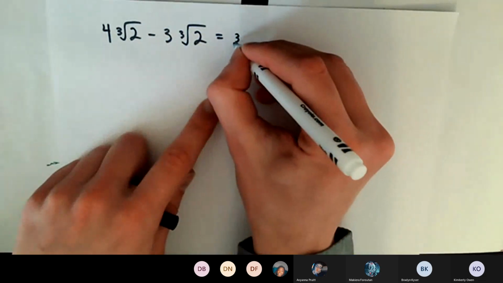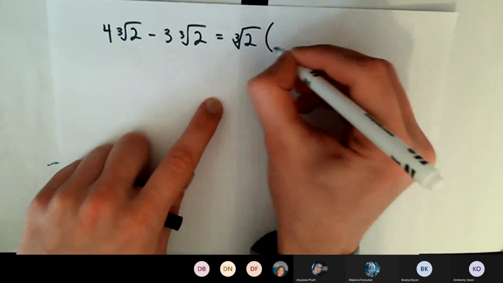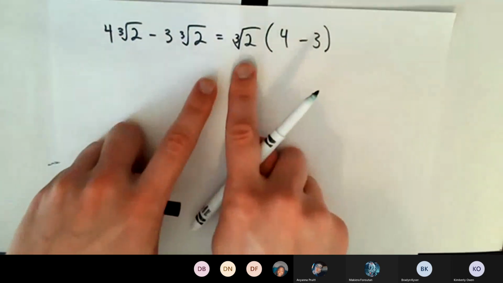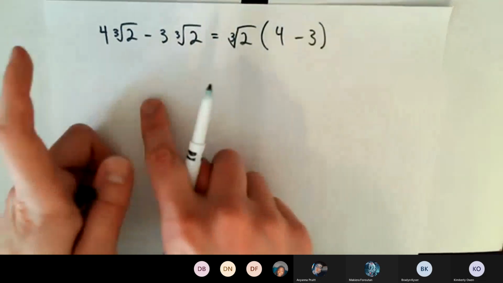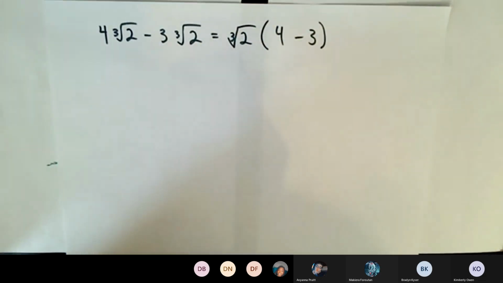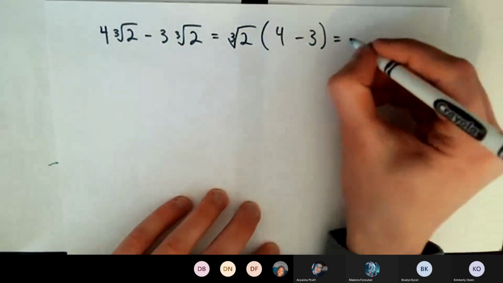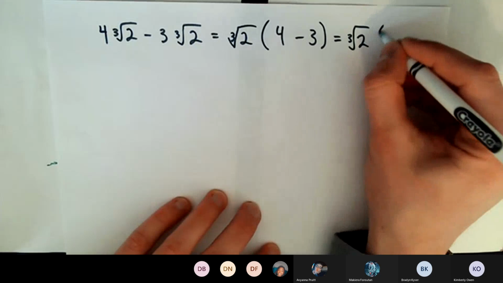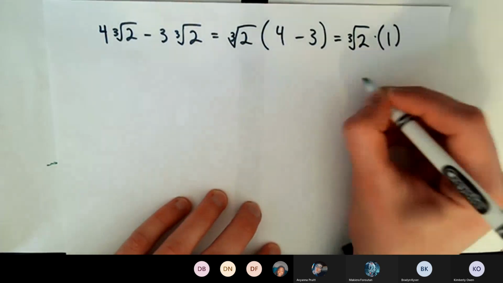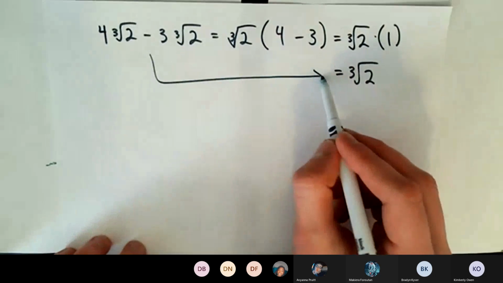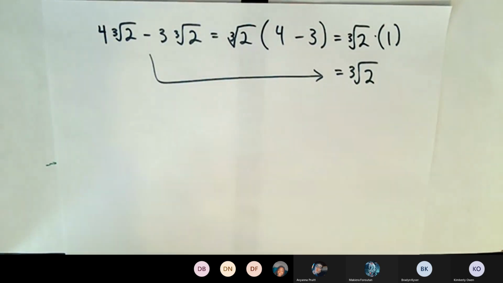In other words, can't I do this? Just factoring it. Remember your distribution property, but in reverse, right? Factoring out the greatest common factor. So this is a legitimate thing. But what's 4 minus 3? Is 1, right? So cube root of 2 times 1, but that's just cube root of 2. So that's another way to see what's happening here.